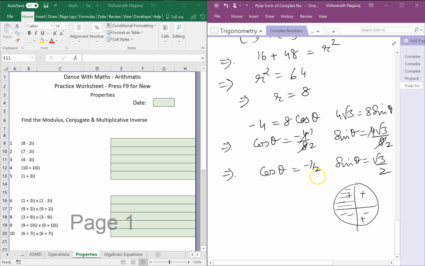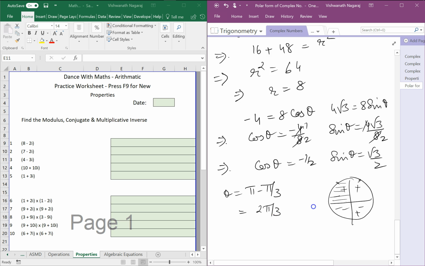And we know cos θ is half at 60 degrees, that is π/3. The reference angle is 60 degrees, but the actual angle we require is in the second quadrant, which means π minus π/3. So θ is equal to π minus π/3, that comes to 2π/3.